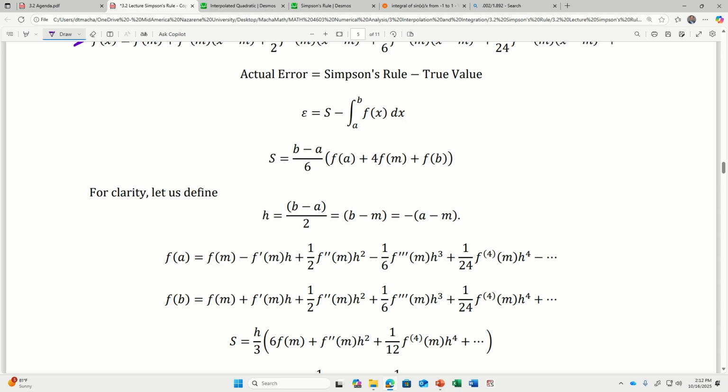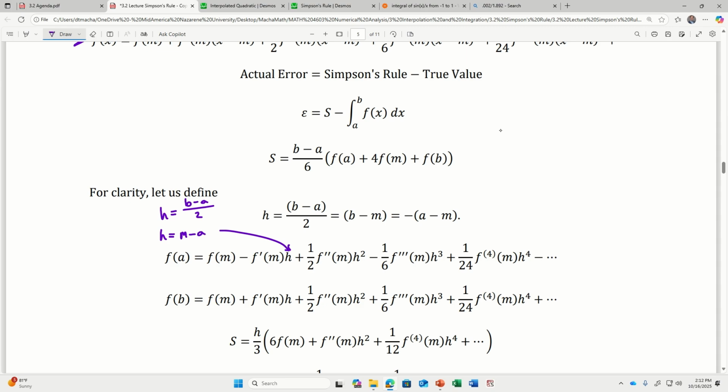And so if I want the Taylor series of my function f evaluated at the lower bound a, I can use the little lowercase h in that Taylor series, because h is half the distance from the lower bound to the upper bound. And that means h is the same thing as the midpoint minus a.